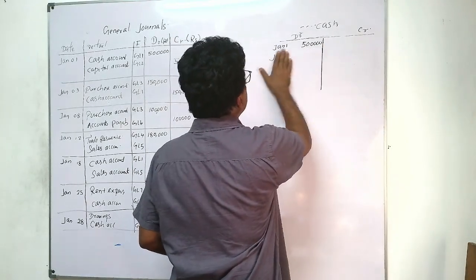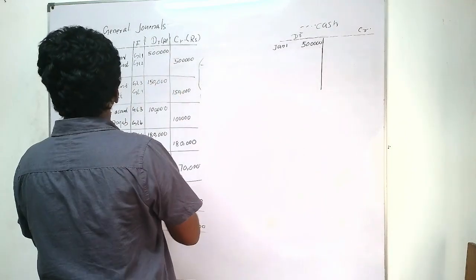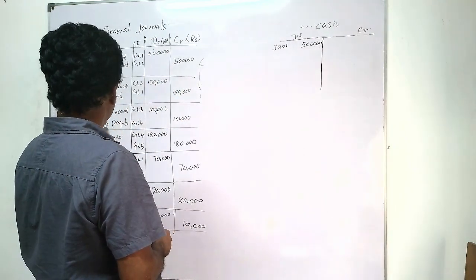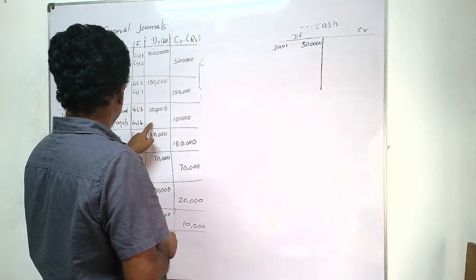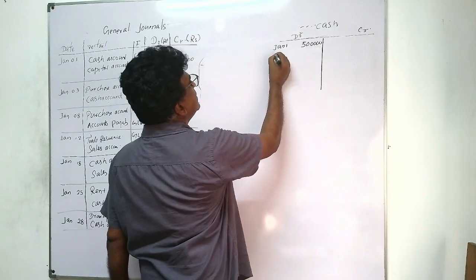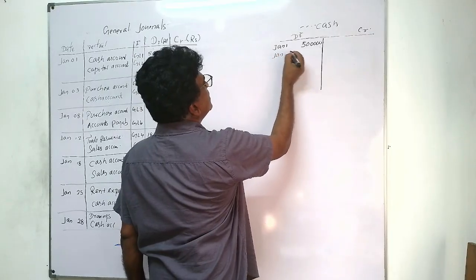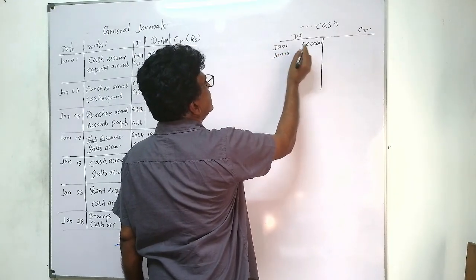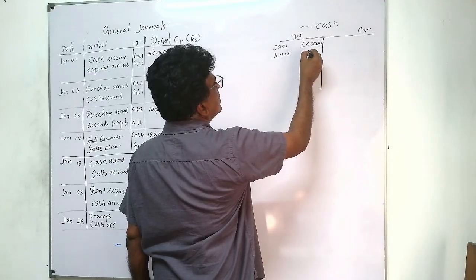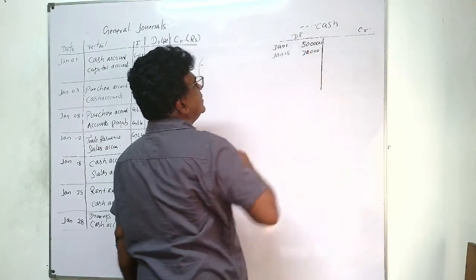No, this is purchase account. Yes, January 18th, there's a 70,000 debit.